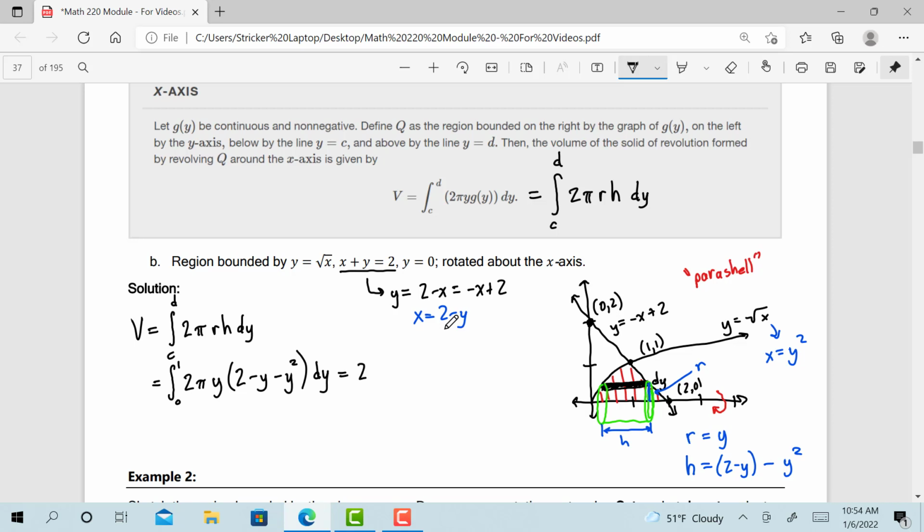And pull the 2 pi out front, integrating from 0 to 1, distribute that y in, we get 2y minus y squared minus y cubed dy. And now we can take the antiderivative.